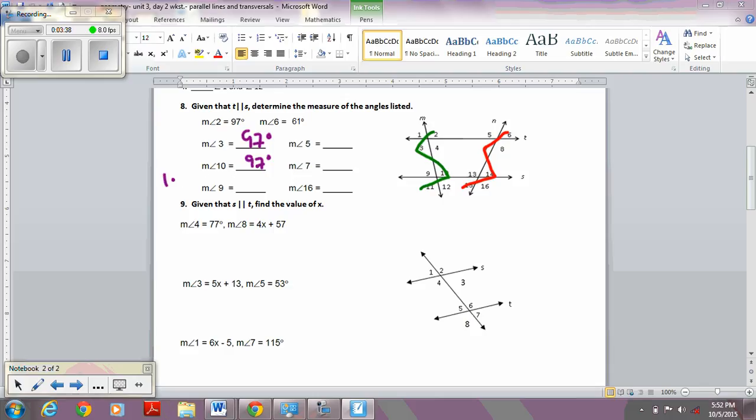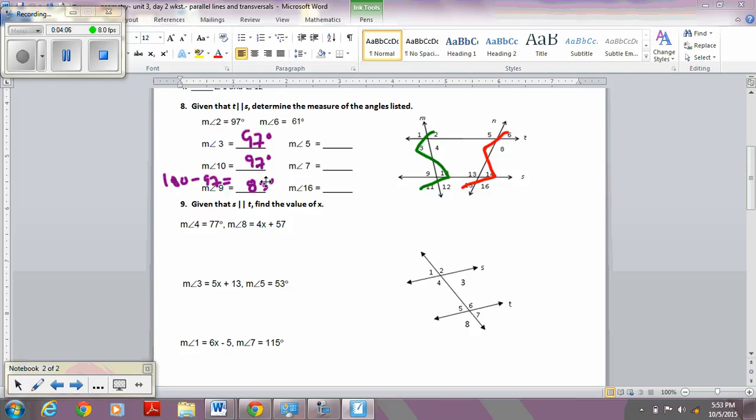So 180 minus 97 would be angle 9, and that would give us 83. And you would just continue the rest of them just like that.